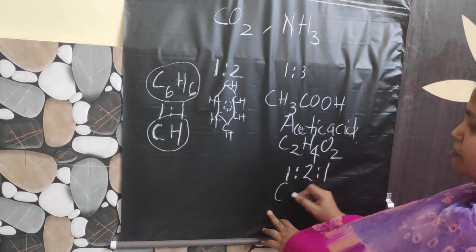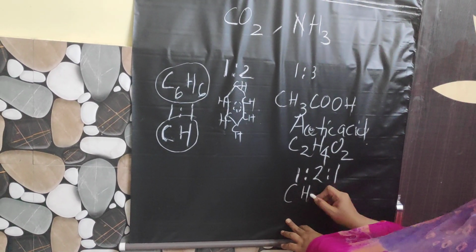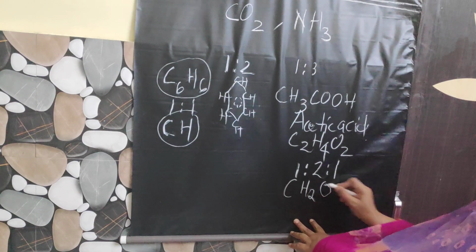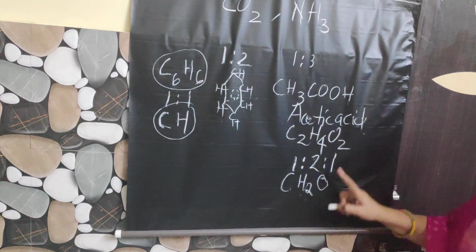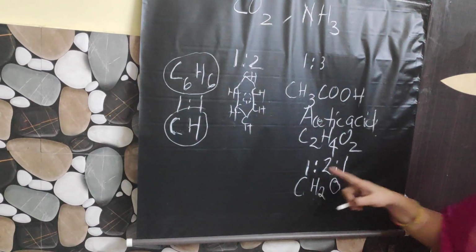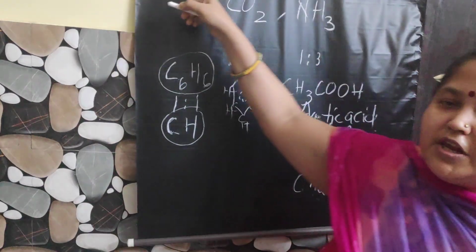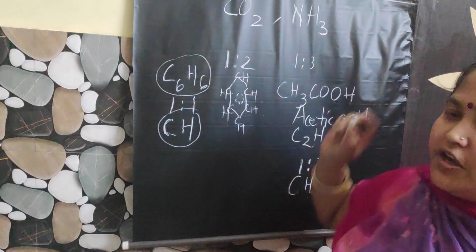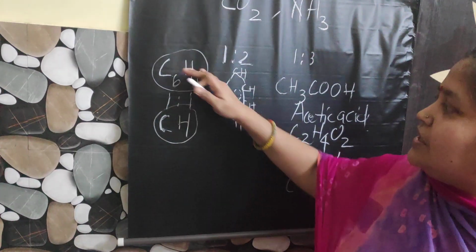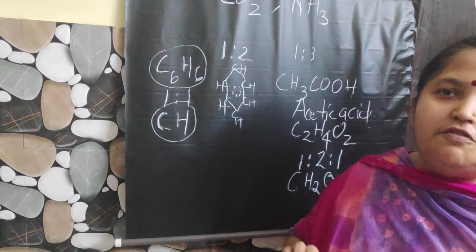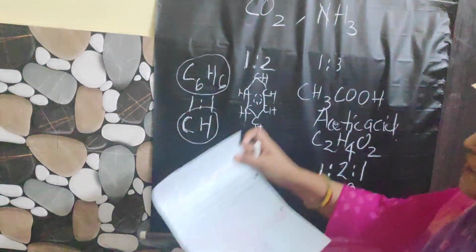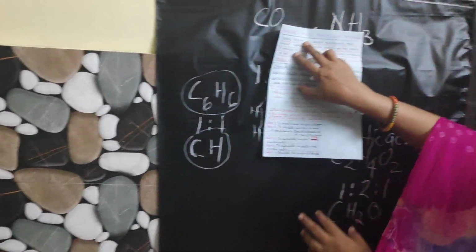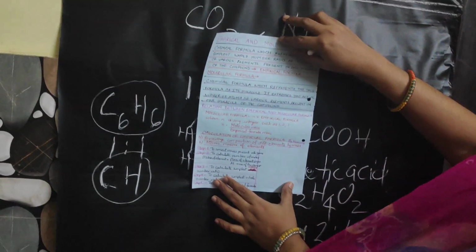The empirical formula will be CH2O, 1 carbon, 2 hydrogen and 1 oxygen. So the simplest ratio is called the empirical, whereas the molecular formula is the exact, the actual formula. For that we now have to study the empirical and molecular formula.